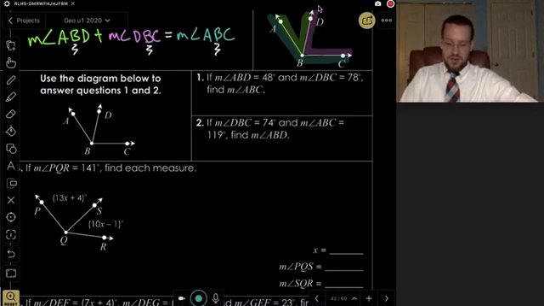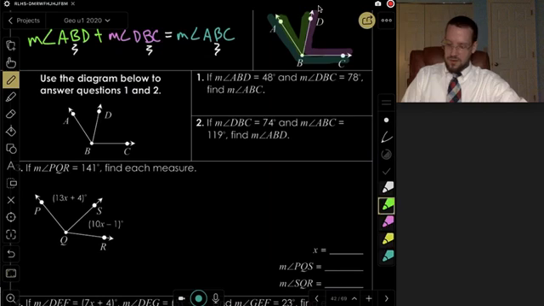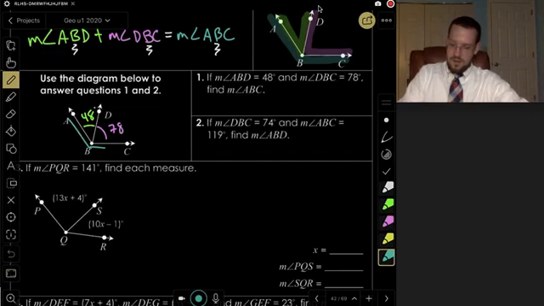Our question here is to use the diagram below to answer questions 1 and 2. Really, I'm just going to look at question number 1. What do we see here? We have ABD, that's our one in green, and we're told that this is 48 degrees. And DBC is 78, and we want to find the whole thing in blue.